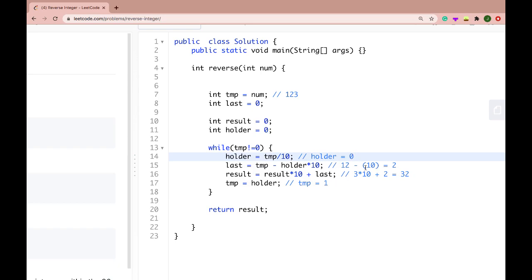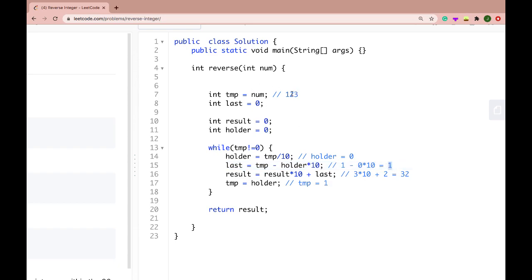So this is the last round. And then we come here. Last digit equals temp minus holder times 10, which will equal 1.